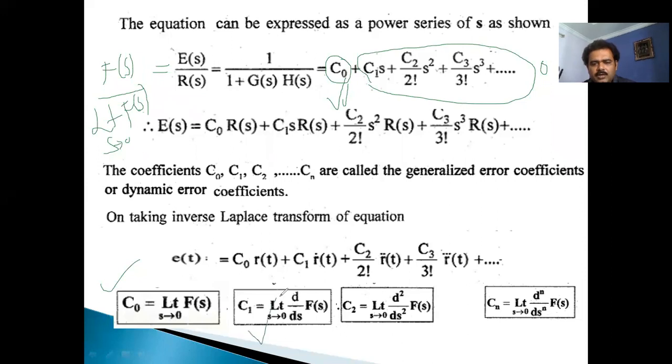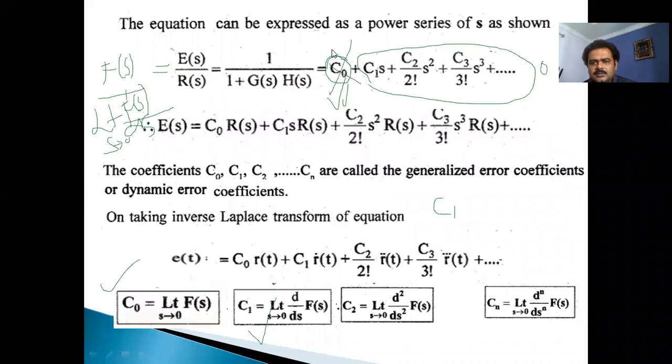If we want to find out C1, same thing, we differentiate with respect to s. Okay, so if we want to find out C1, limit s tends to 0, F dash of s, otherwise d by ds of F of s. So if I differentiate with respect to s, this becomes a 0 value.